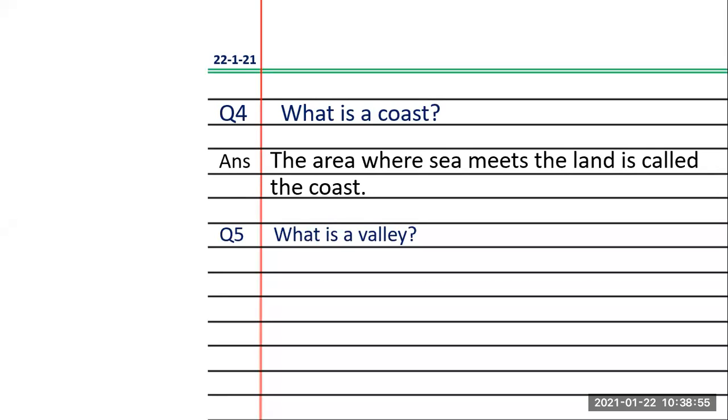Question number 4 is, what is a coast? The answer is the area where sea meets the land. The area where sea meets the land is called the coast.